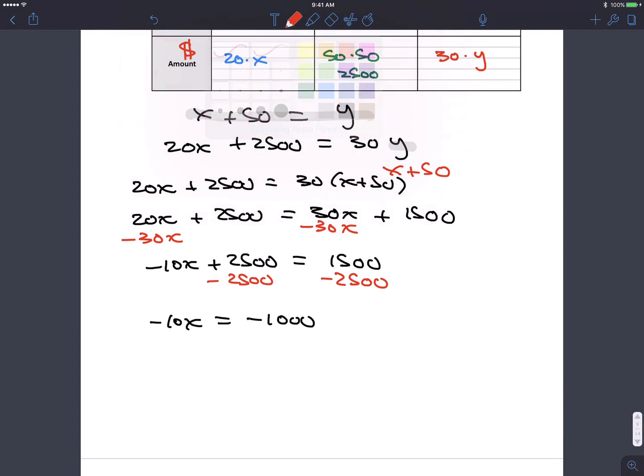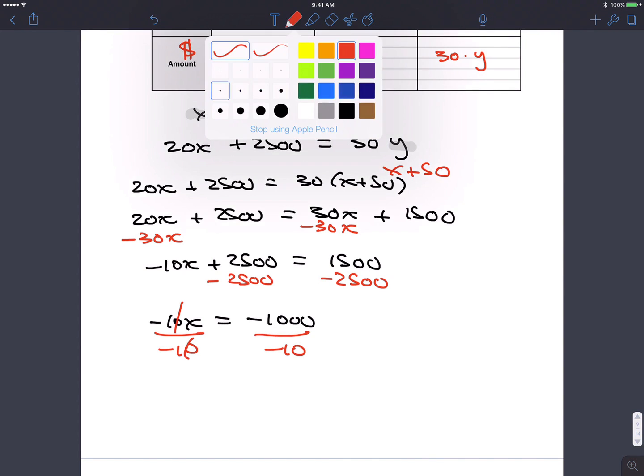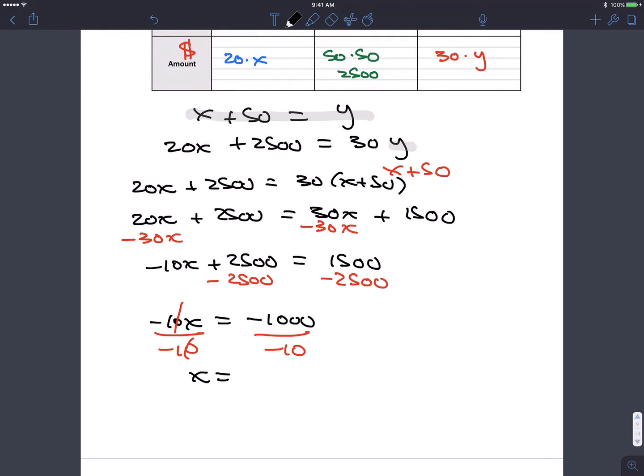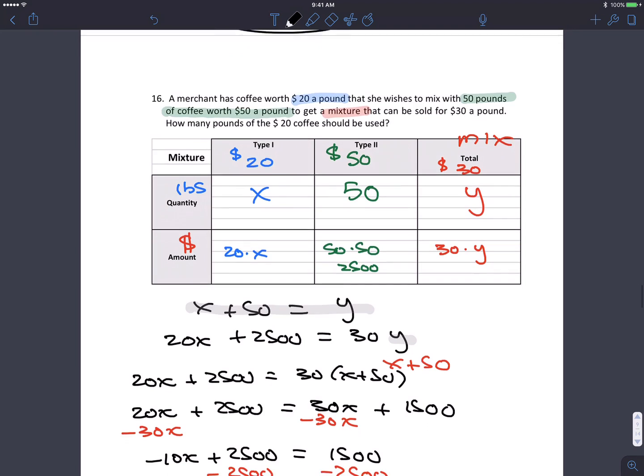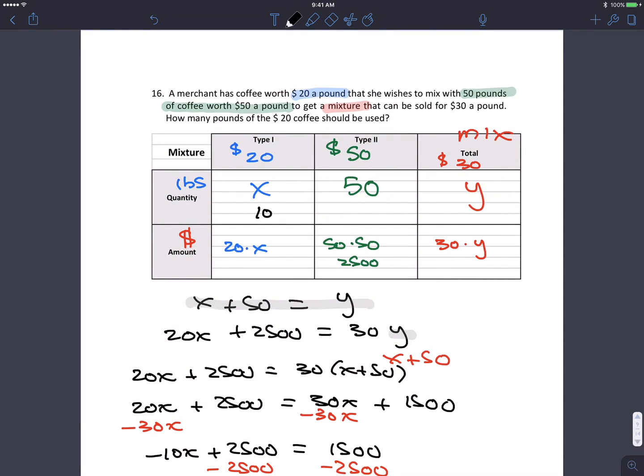So you get to now divide both sides by negative 10 here. We end up with X being 100. So 100 pounds of type 1. If X is 100, that means Y is 150, because I plug in 100 here for X, 100 plus 50 is 150.